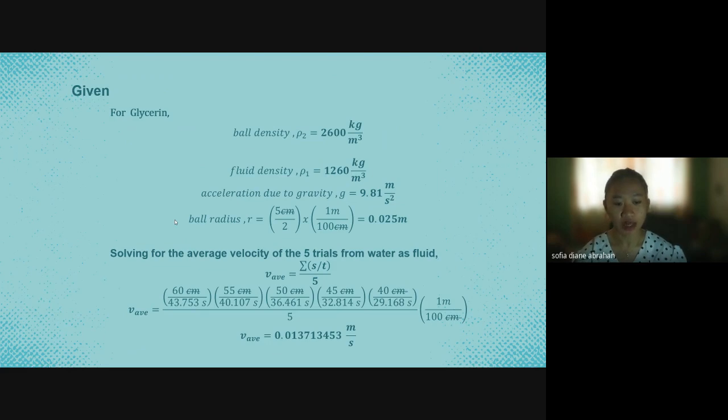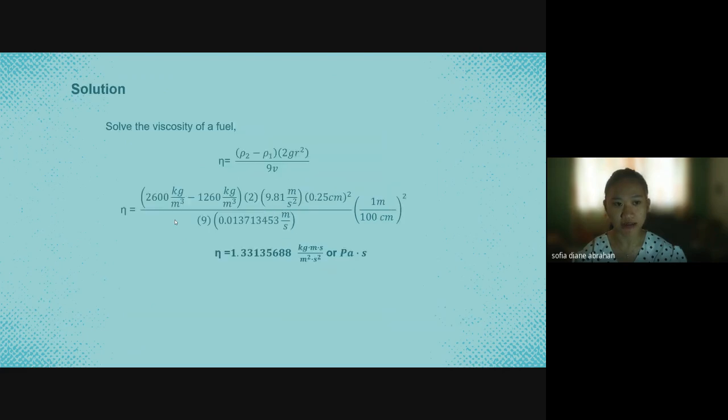For solving the average velocity of the 5 trials with water as the fluid, V average will be equal to the summation of the distance over time divided by 5. So for the first average, we have 0.013713453 meters per second.